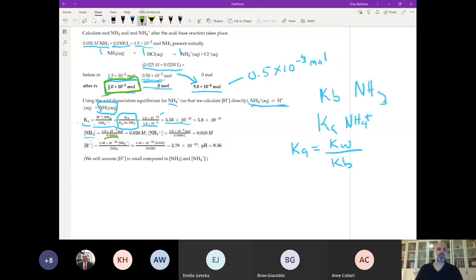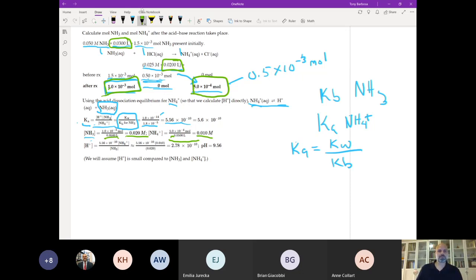We have 0.03 liters here, and we're combining that with 0.02 liters. So that's a total of 0.05 liters. So we'll calculate our ammonia concentration there. Our ammonium concentration comes from the 5.0 times 10 to the minus 4, divided by that same volume. So we calculate our ammonium concentration.